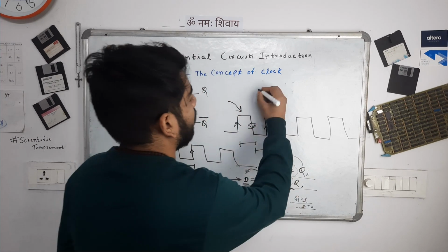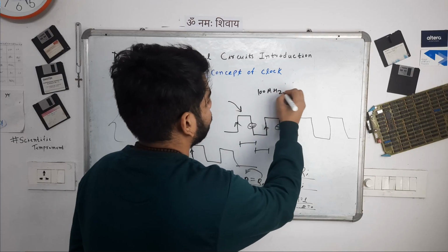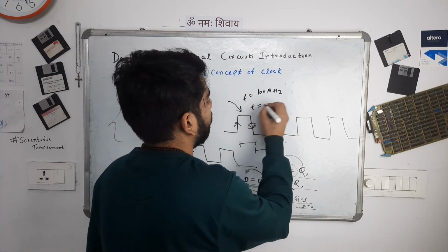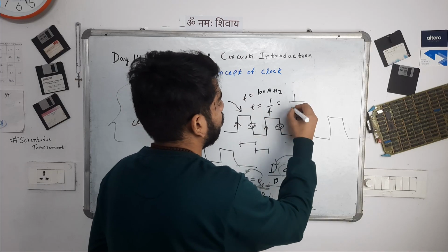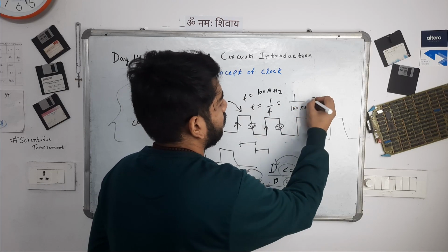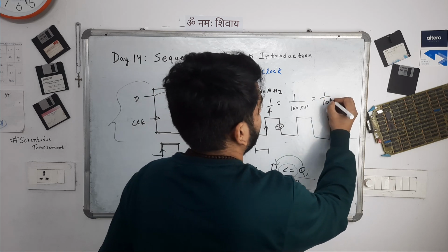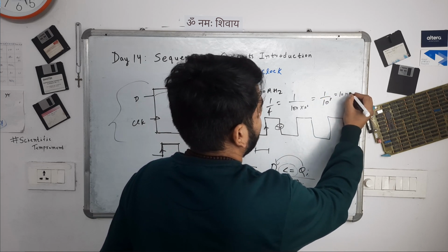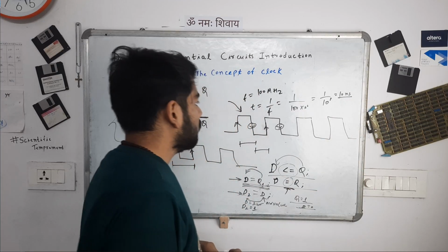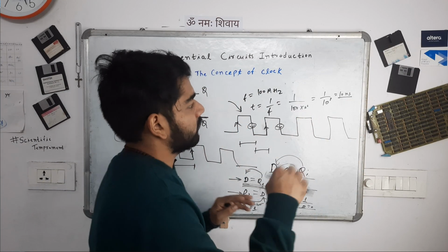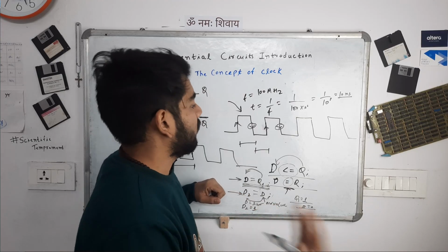So when we have a 100 megahertz clock, this is frequency, and for getting the time period you need 1 upon frequency. So this is 1 over 100 megahertz, so this is 1 upon 10 to the power 8, and it will be 10 nanoseconds. Now this 10 nanoseconds is basically the time period of the clock.